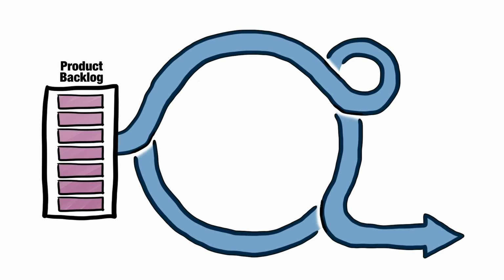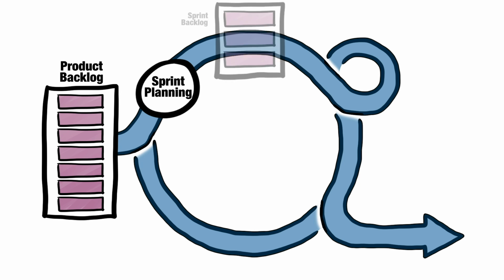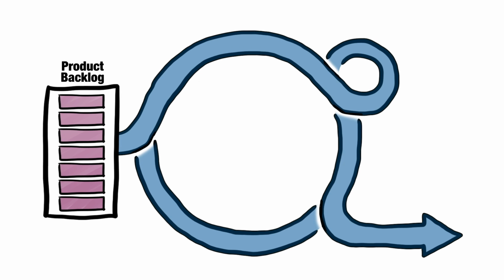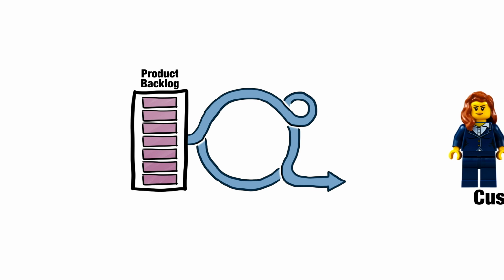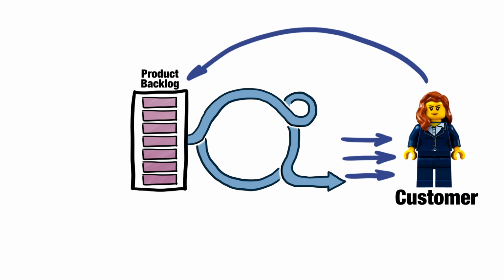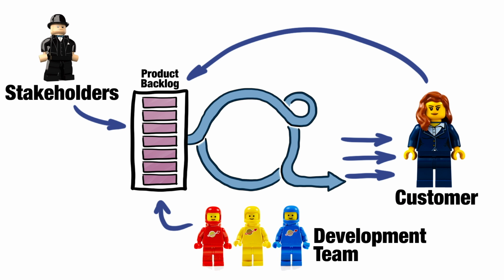The product backlog sits here, outside of the sprint loop, but a key input to it. Without the product backlog, there'd be nothing to plan in sprint planning, and there'd be nothing to put into the sprint backlog. If I zoom out further to the overall Agile flow, we see that the product backlog is a vessel, a collection point for feedback received from the customer, as well as from stakeholders and from the development team.